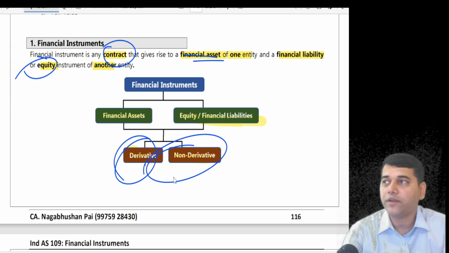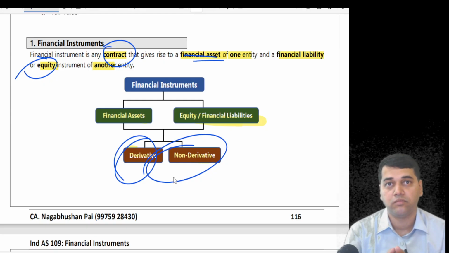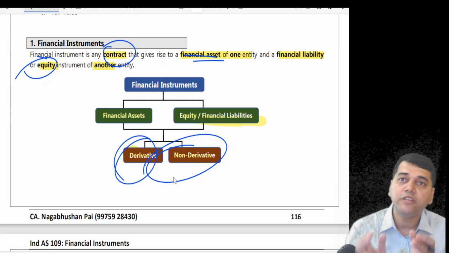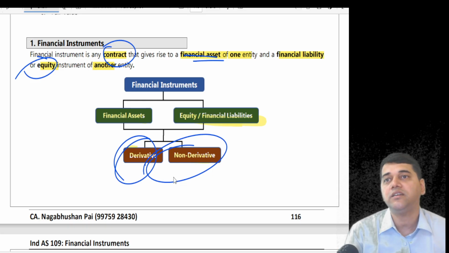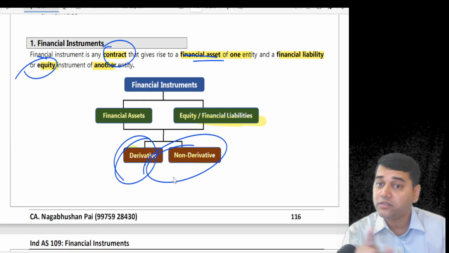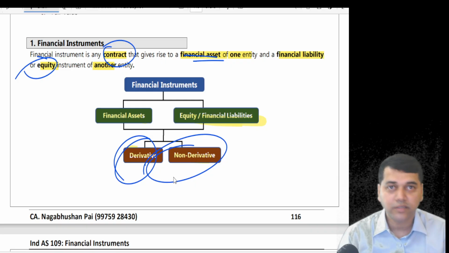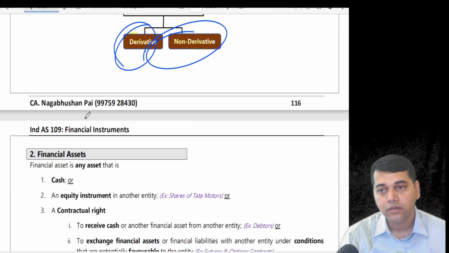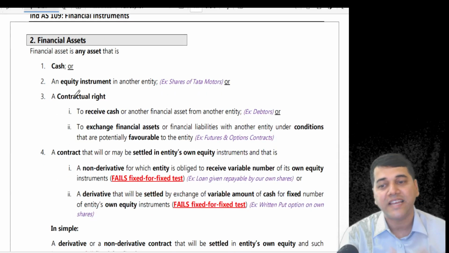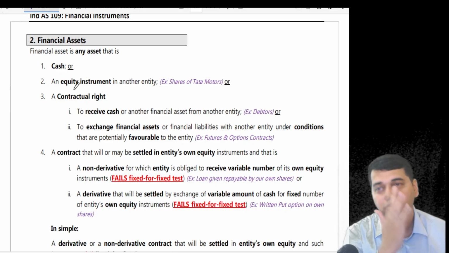Now we have to expand on this and understand the individual components. Once we have understood them, we will understand this definition very simply, because in examinations they will ask whether something is a financial instrument or not. We will discuss that also. Now the question comes, sir, what is a financial asset? What do you mean by financial asset? What do you think?